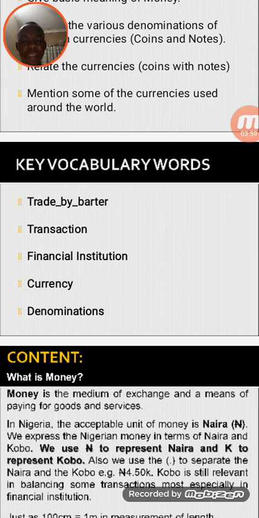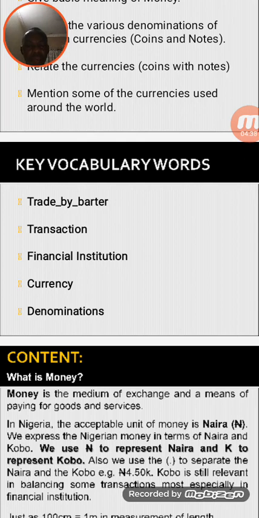Money that is acceptable worldwide. Currency. The currency in a country like Nigeria could be different from the currency in a country like China. Our own currency here is in Naira, while that of China could be in yen or something else.